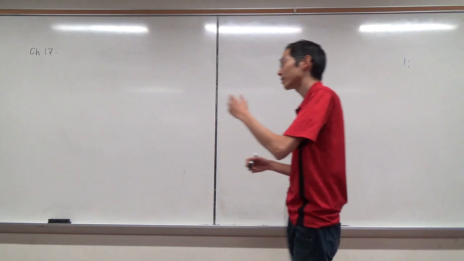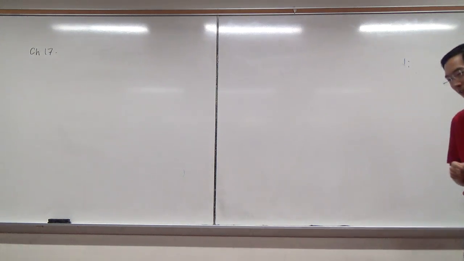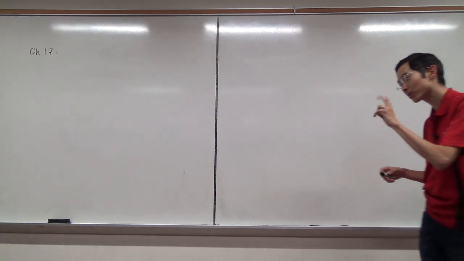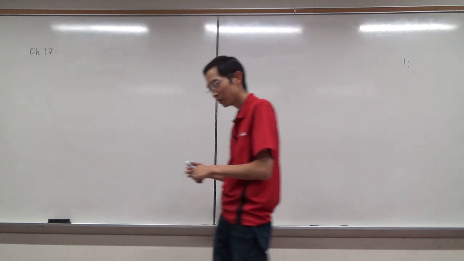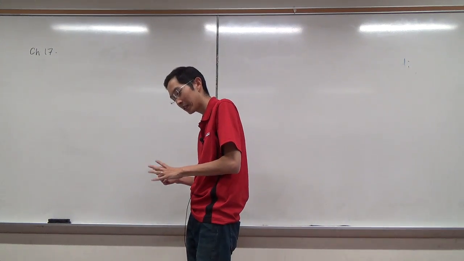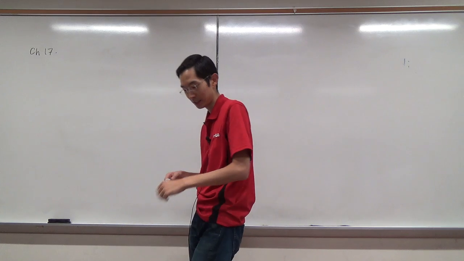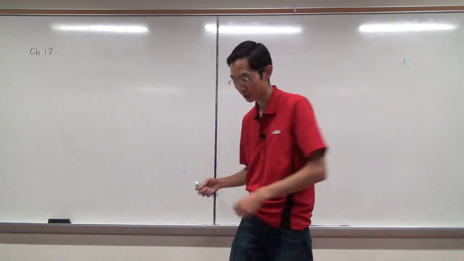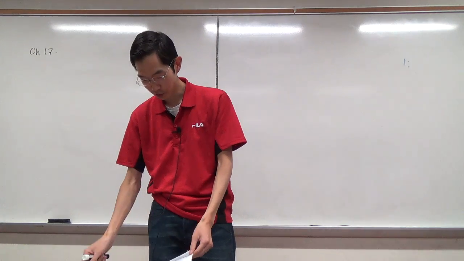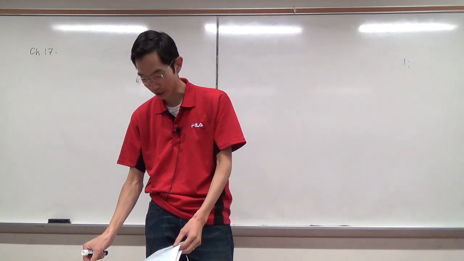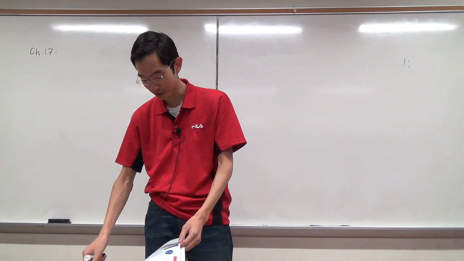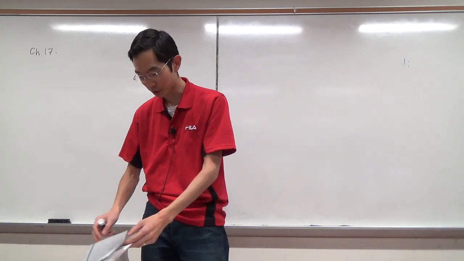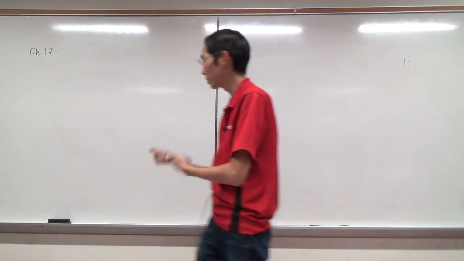So with chapter 17, I will just focus on the binomial. I'm going to cut out the geometric model. I haven't assigned the homework for chapter 17 yet, so I'm going to go through and just assign stuff on the binomial model.